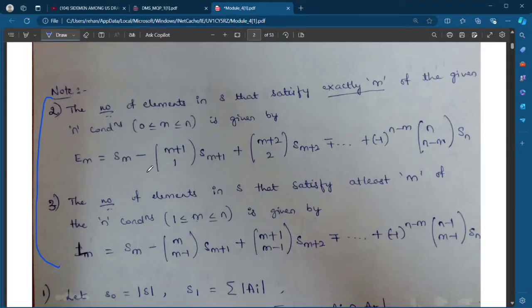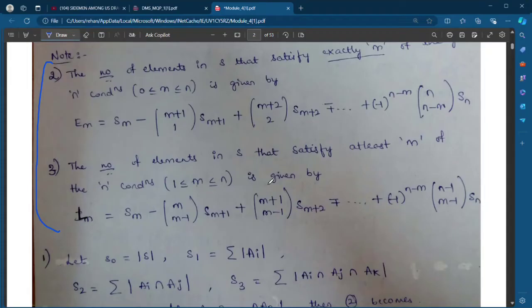Suppose I had to find exactly m; for example, for exactly two, E2 is equal to S2 minus 3 choose 1 into S3 plus 4 choose 2 into S4, then minus 5 choose 3 into S5, like that, and so on, it will go on up to Sn.